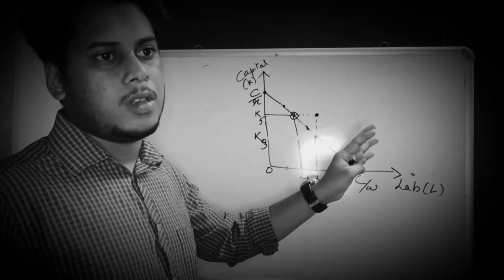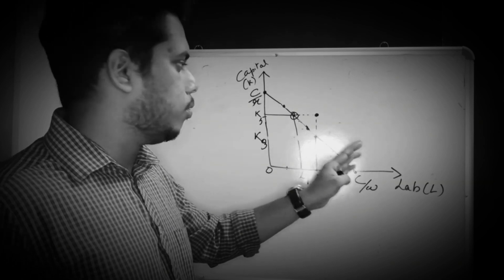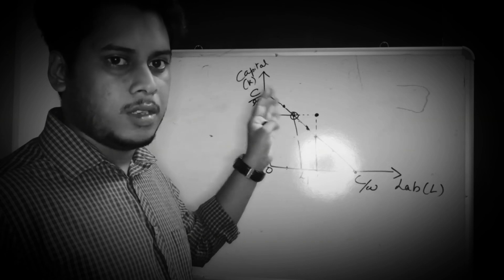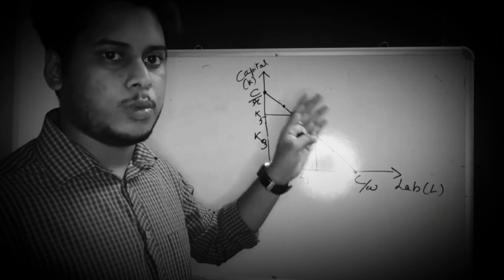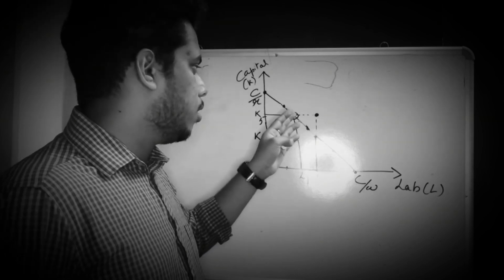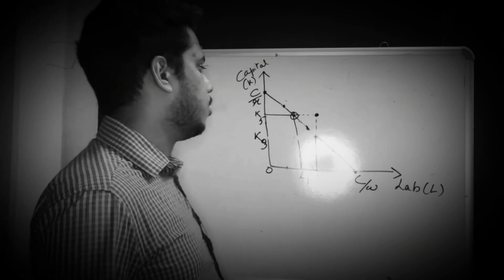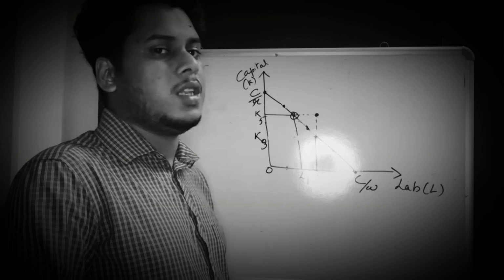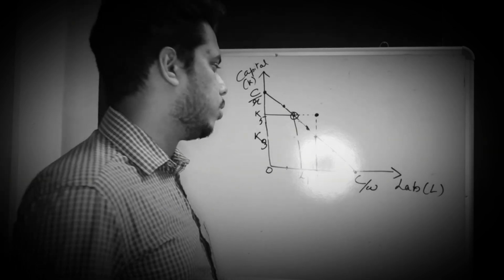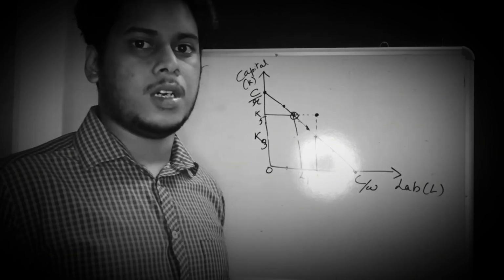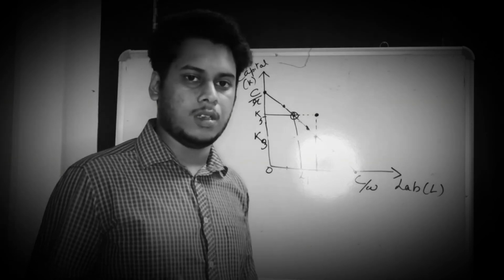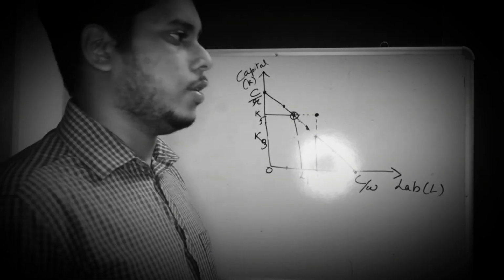More addition to one input without decreasing the other input won't be affordable to you. So to make your bundle affordable, if you want to increase one unit of input, the other input needs to be reduced.